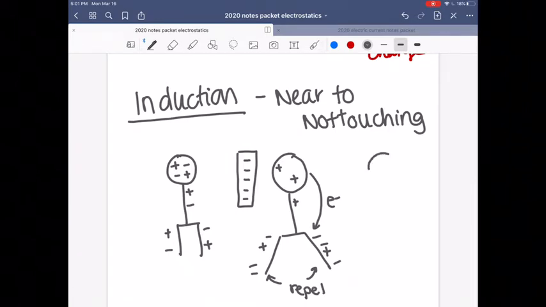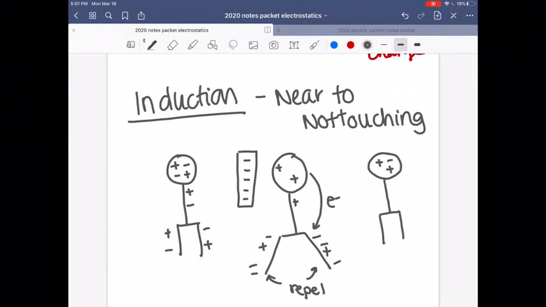Okay? Once the rod is removed, that giant source of negative charge, the electrons within the electroscope go back to their original positions. They no longer have that excess negative charge repelling them away, so they return to where they were. Okay? And if you look at the overall charge distribution, the rod was negative, the leaves turn out negative during charging by induction, and the knob on the electroscope came out positive.